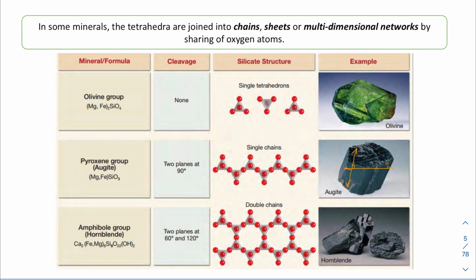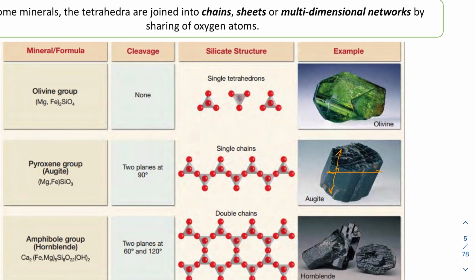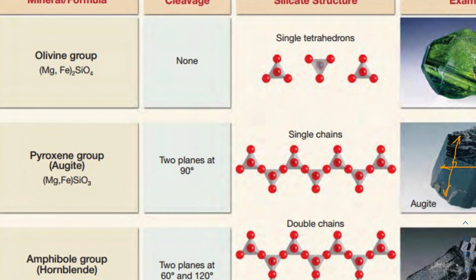Now, the next example that we have here is your pyroxene group. In this case, a very specific one is augite, and the cleavage is at two planes at 90 degrees. The silicate structure is single chains. If you open it in VESTA and search the database for the mineral augite, you will see that its structure has single chains of SiO4, or in this case SiO3, connected together.